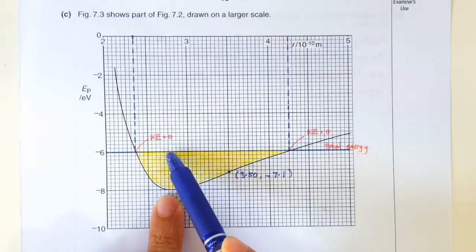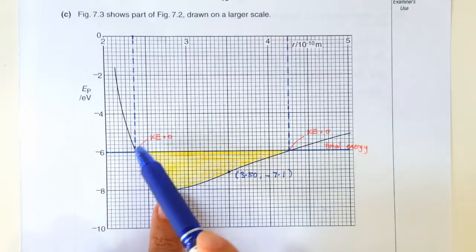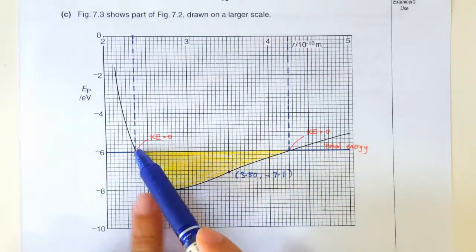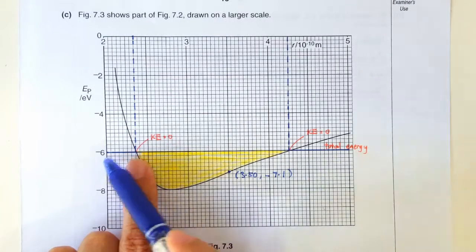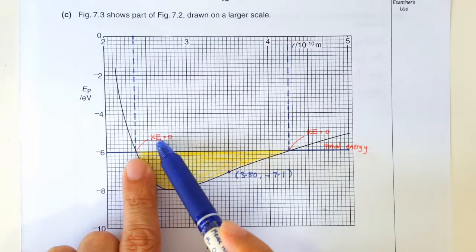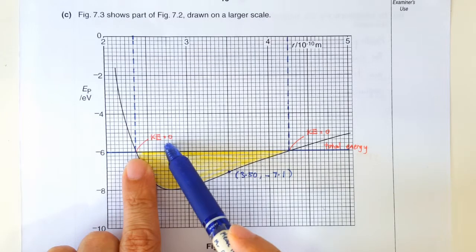More importantly, it tells us that our KE is 0 at these two positions here. The reason is because at these two positions, my EPE is -6 electron volts. My total energy is also -6 electron volts. That must mean that my KE is 0 electron volts.